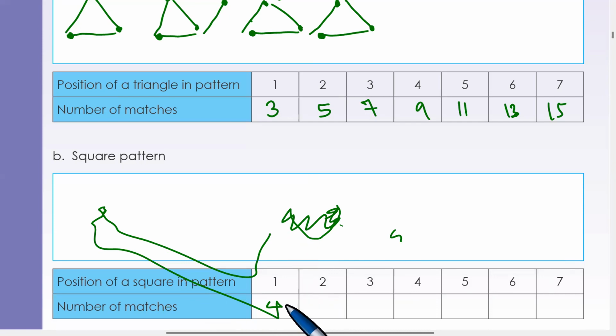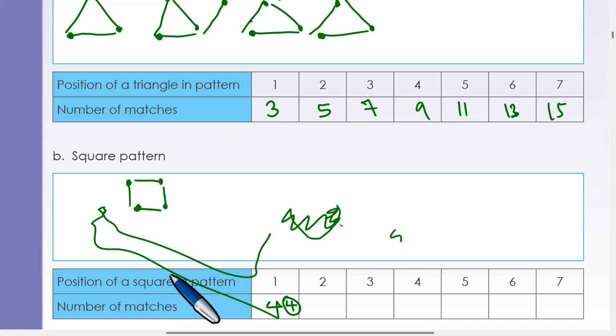But they're going to be 4. And then next one, because now you're going to have this one tail to head, tail to head, tail to head.